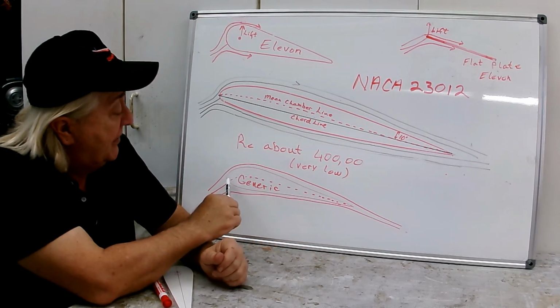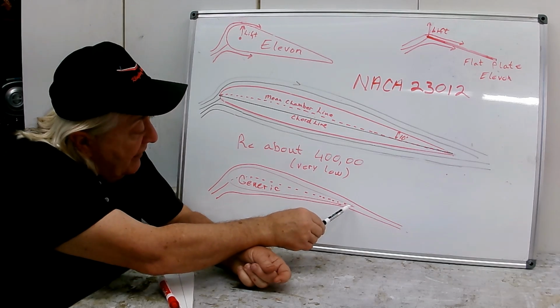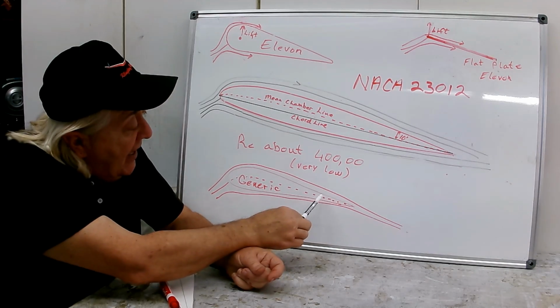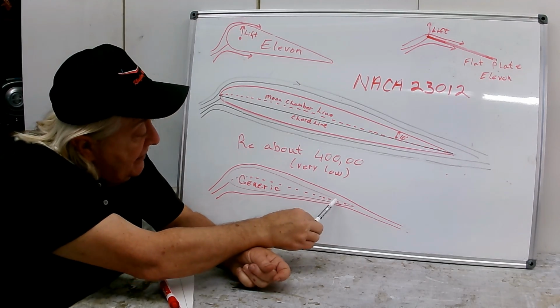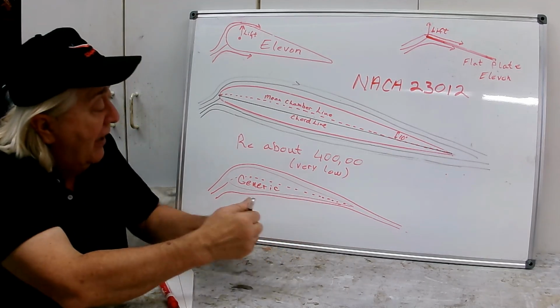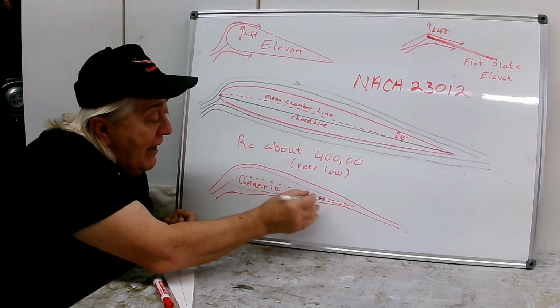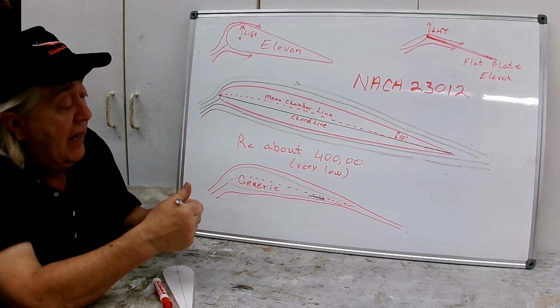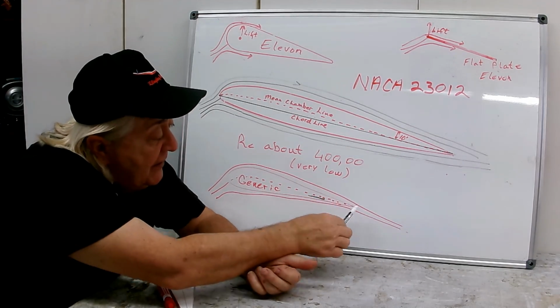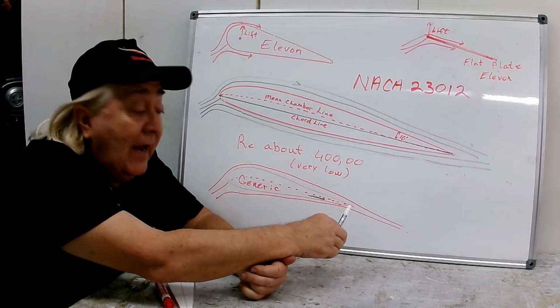Most airfoils, this generic one here, arc up and arc back down until they meet the trailing edge. And this mean camber line is at an angle to the chord line. The chord line would be straight here, and it's at an angle to the chord line. And that gives us this kind of flow aft of the trailing edge. The flow is going down, what we call downwash.